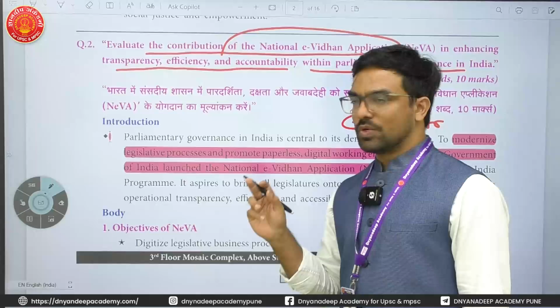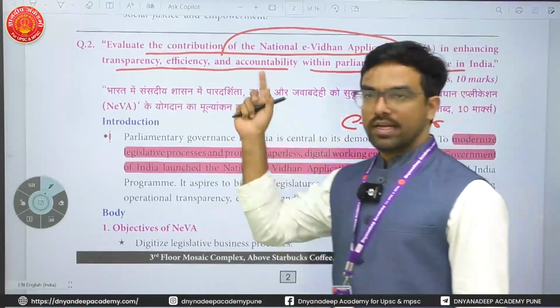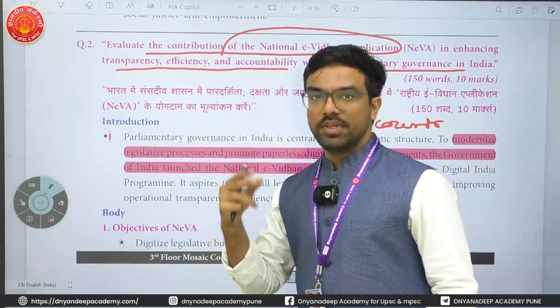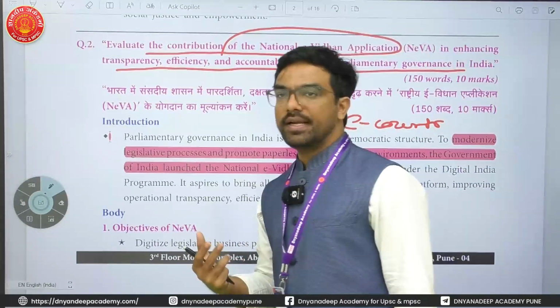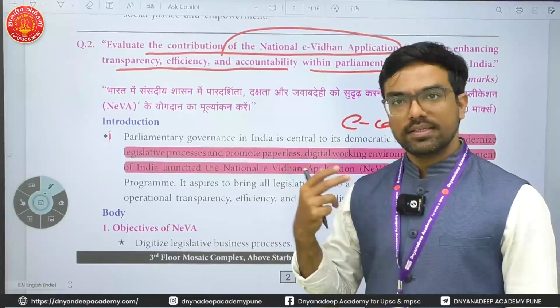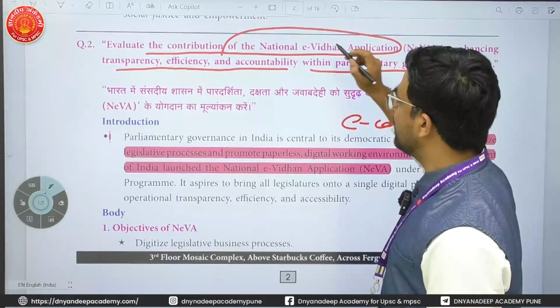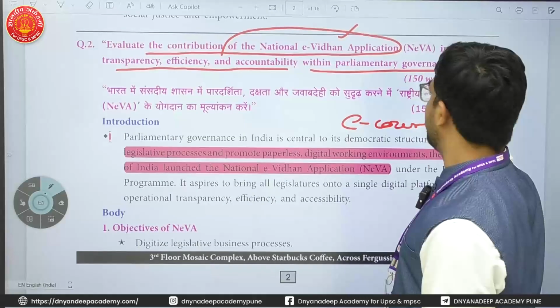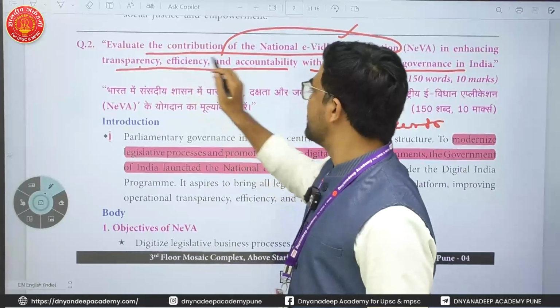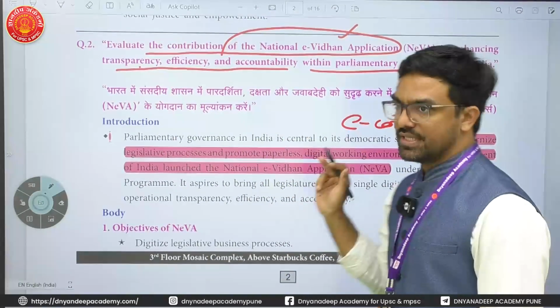So a question can be asked about this, and these are parallel: the e-Vidhan application and e-courts. The question is saying: evaluate the contribution of the National e-Vidhan application in enhancing transparency, efficiency, accountability within parliamentary governance in India.